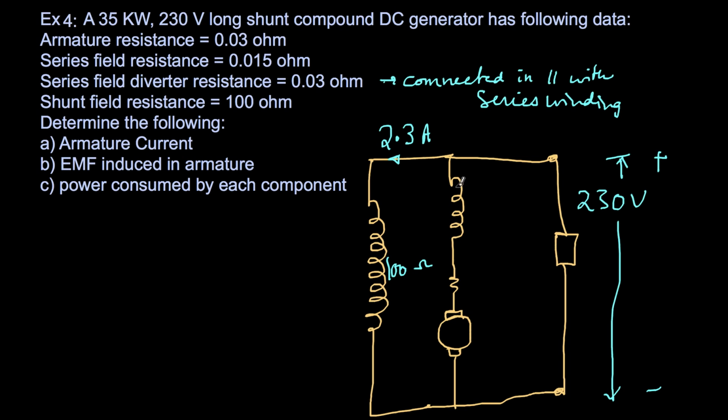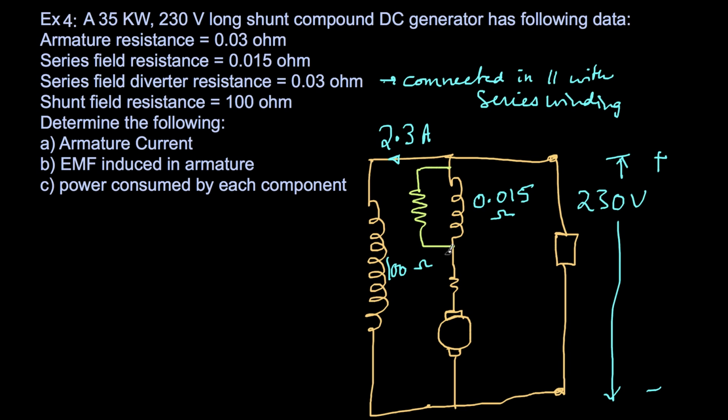So one thing we already calculated. The series resistance is 0.015 ohm. Series field diverter resistance. Let me draw the diverter also. So this is a diverter.